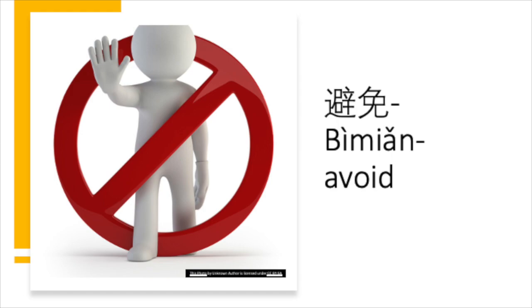Remember that you can use the word 避免 with the word 应当, and you can just remember 应当避免. You can write down these words together and remember them also together. Like in English, you have measure pressure. You can remember the word measure, you can remember the word pressure, but it's better to remember both these words together.